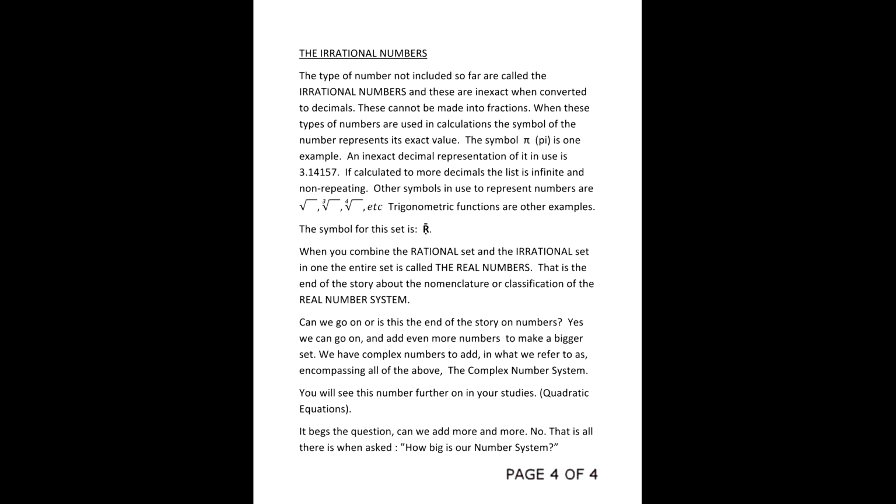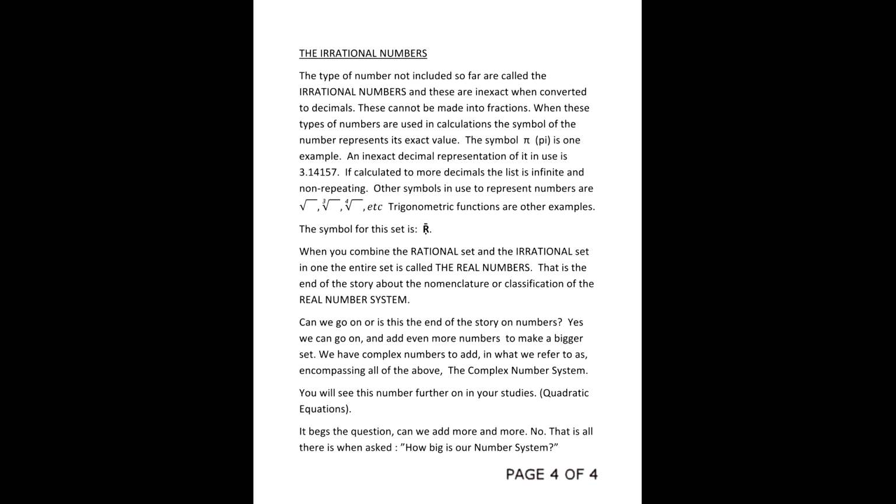Other symbols in use to represent numbers are the square root of, the cube root of, the fourth root of, and so on. Trigonometric functions are other examples. The symbol for this set is capital R with a bar on top.